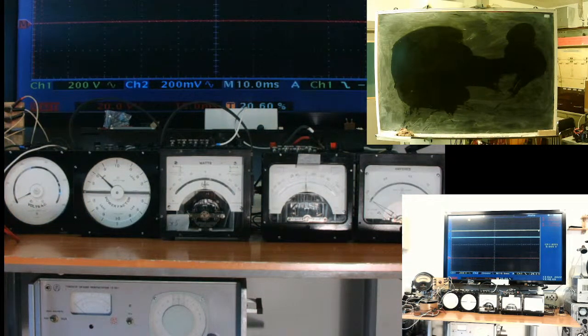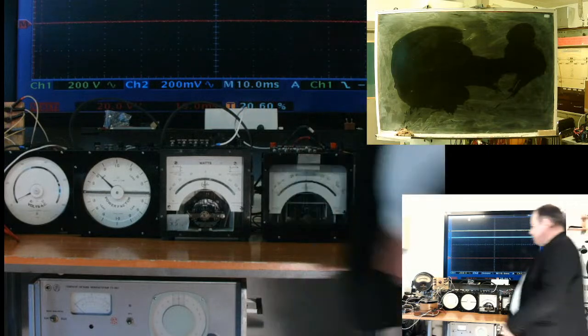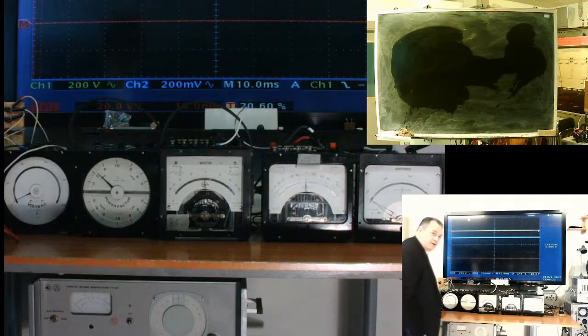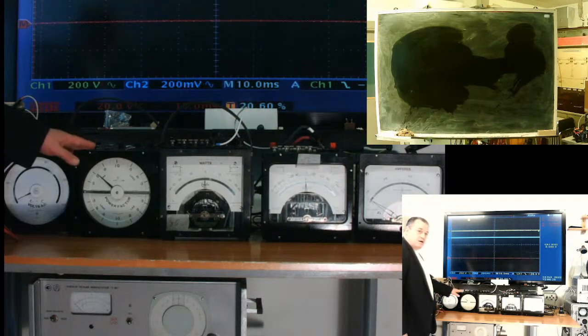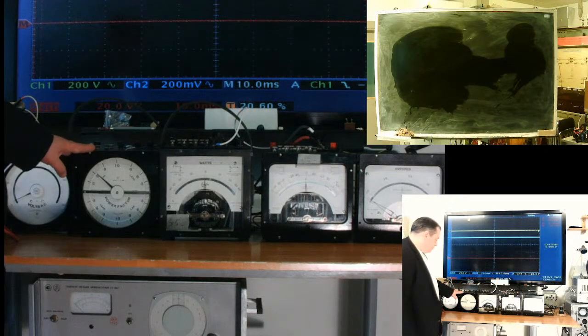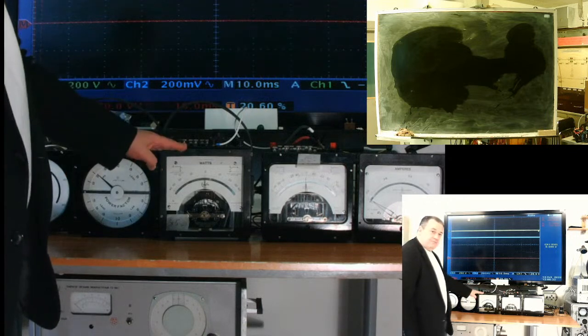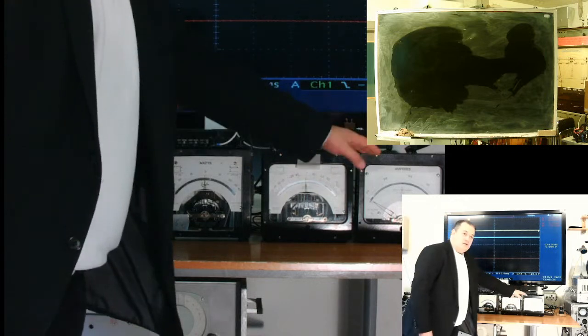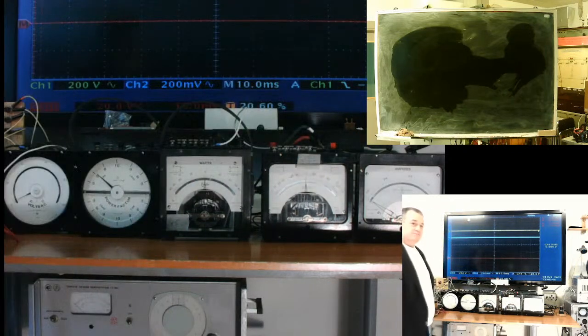Let's turn the light on. So what we got here: this is the voltmeter, angle meter, active power, reactive power, and current in amps.